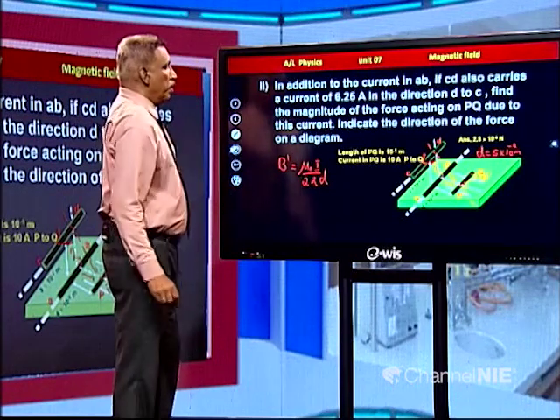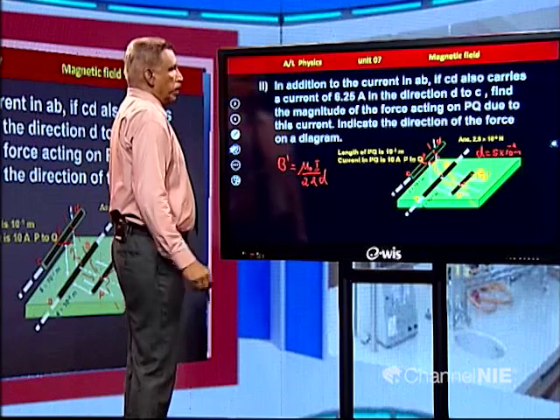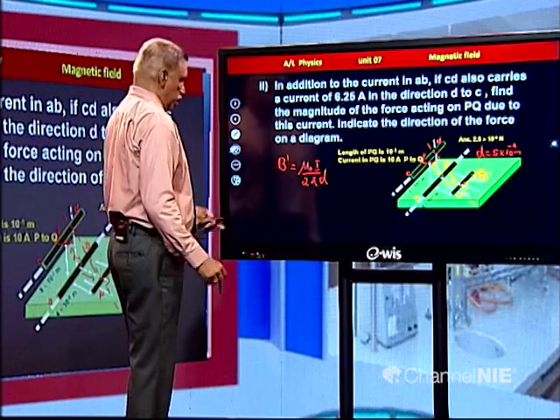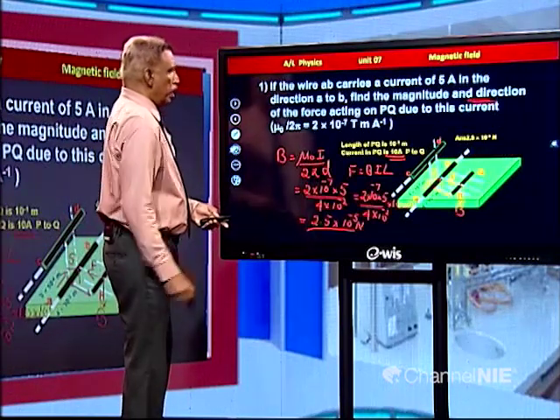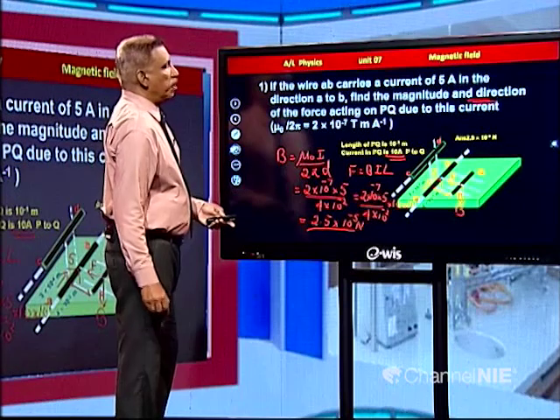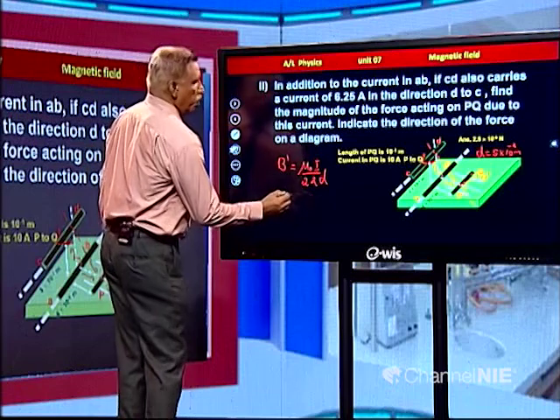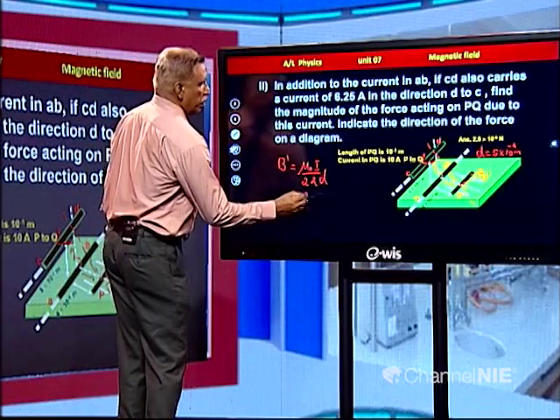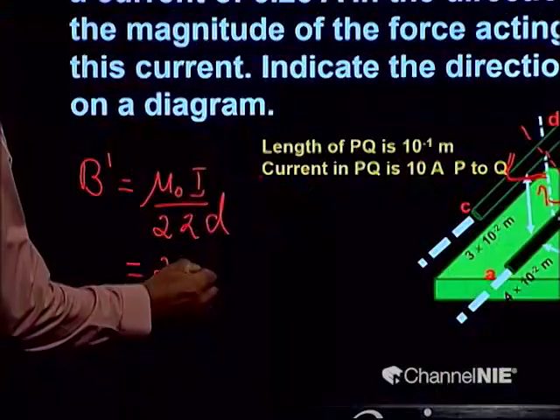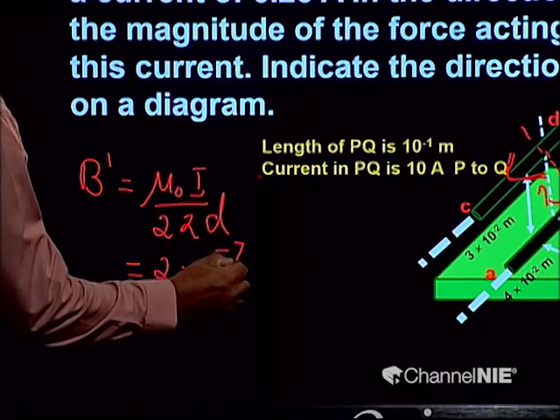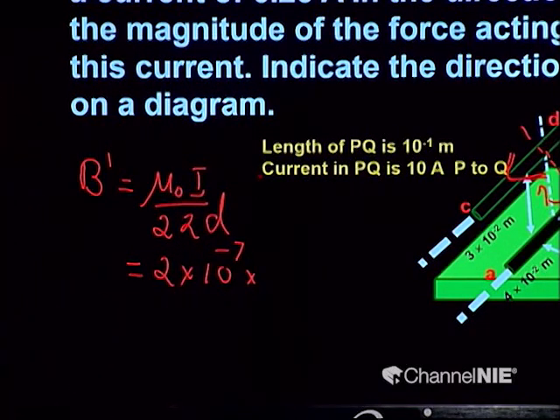So, mu naught over 2 pi, earlier they stated, is 2 into 10 to the power minus 7. And I is the current passed through conductor CD, that is 6.2.